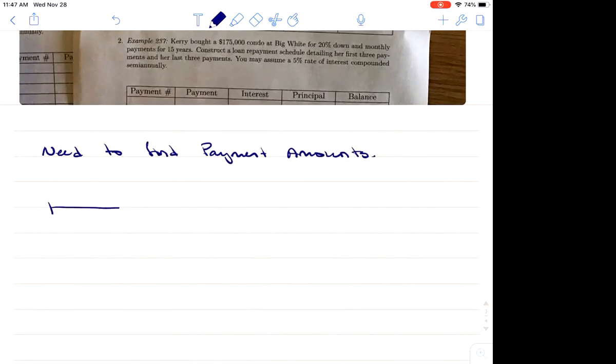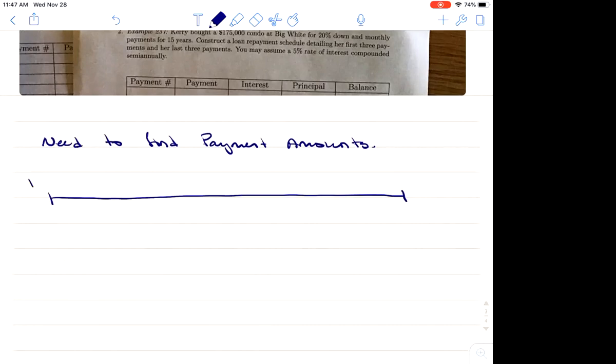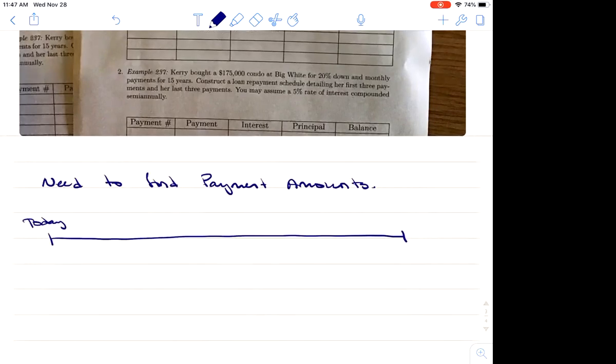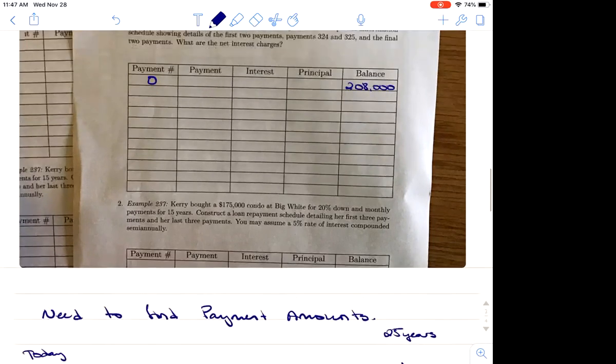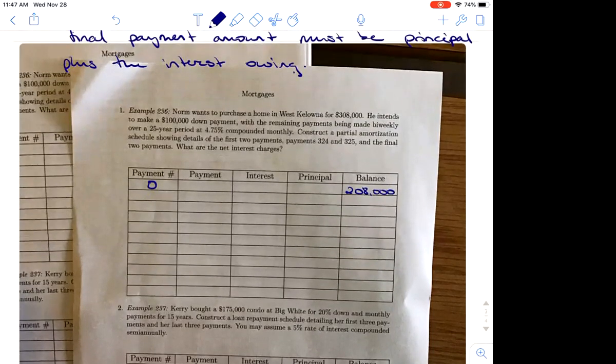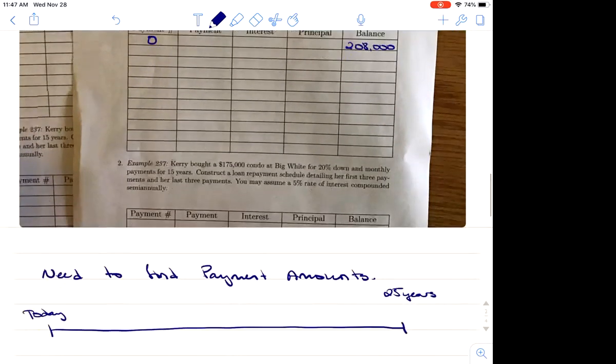So we can make a timeline if we want to. On the final, I'll only expect to see some calculator work, right? So you don't even have to show the timeline for this question because you've shown so many timelines before, but we can show that this is the same thing. So for 25 years, I think it was, and we're making bi-weekly payments.